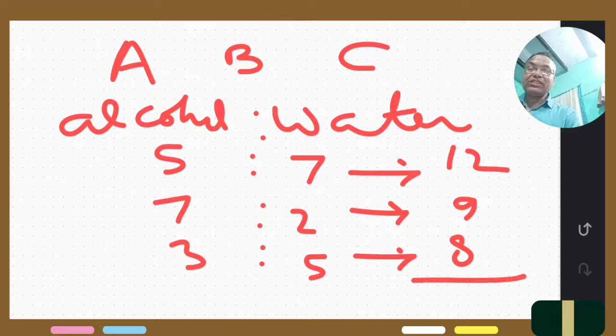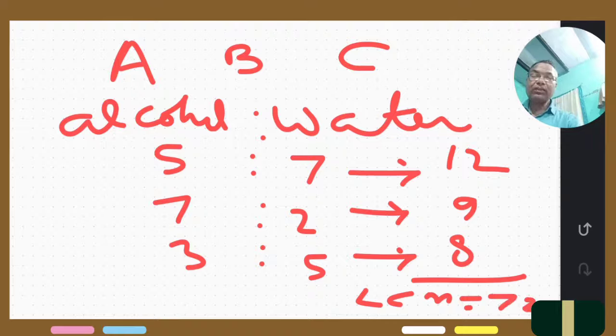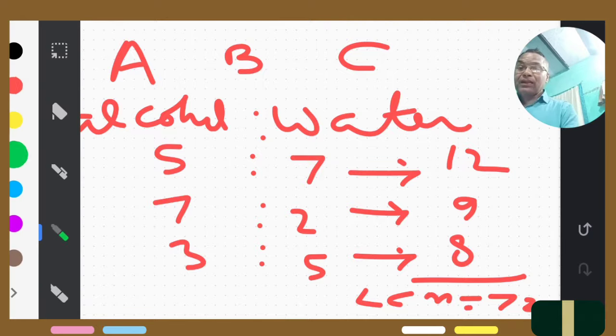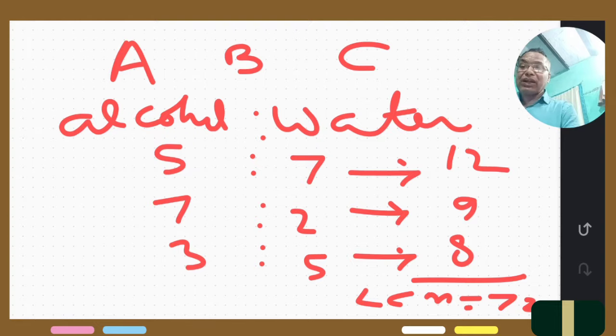Now the LCM of all these three comes 72. Now if I divide 72 by 12, I get multiplier factor here as 6.